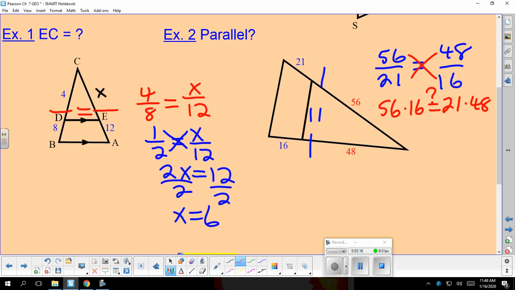If that's true, I know they're proportional and those lines have to be parallel. We have 896, which does not equal 1008. These guys are not.